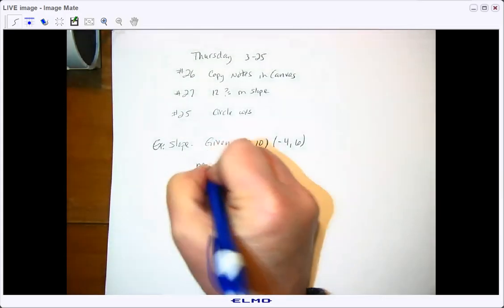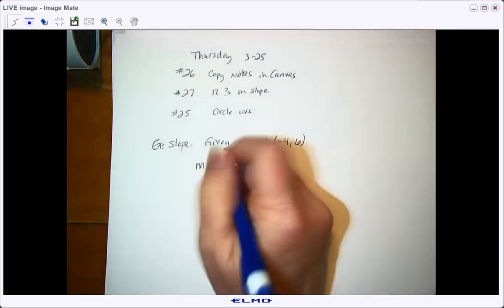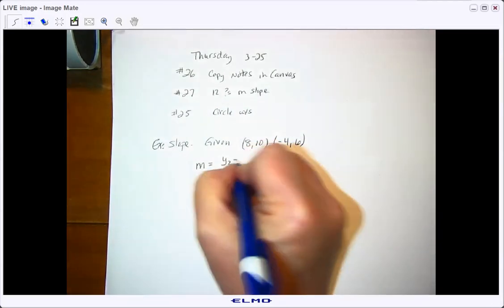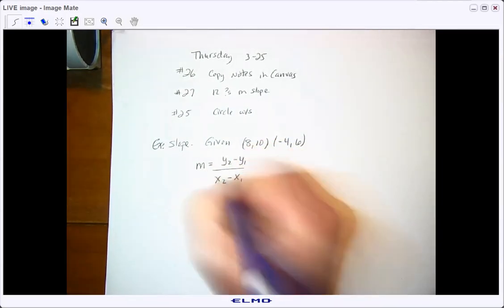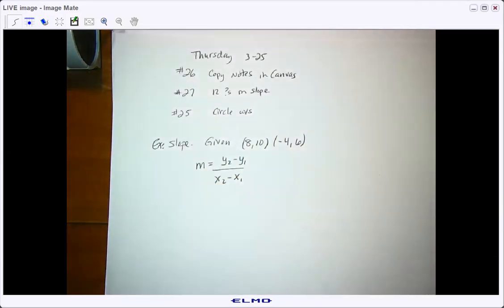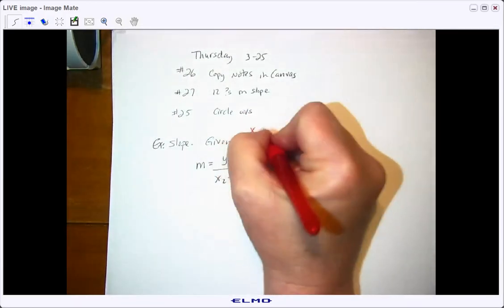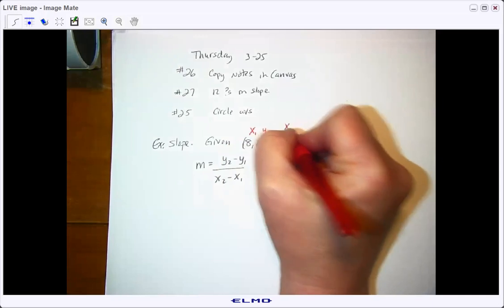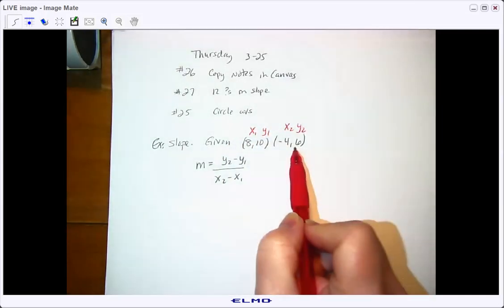It says M, which is my slope because it tells me how to move when I graph a line, is y2 minus y1 over x2 minus x1, where the first point is your 1. So there's my x1, my y1, my x2, and my y2. First point, second point. That's all it is.